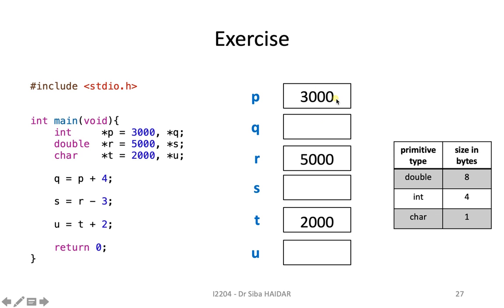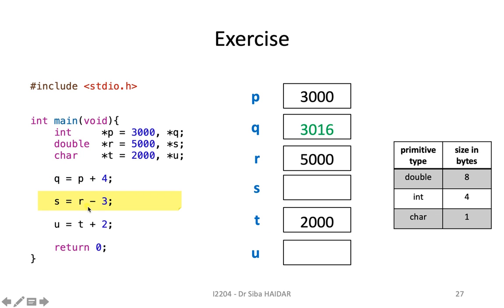Is it 3004? No, because this is what we are explaining. It is the value of P plus 4 places to hold int, and every int occupies 4 places. So it would be 3000 plus 4 times 4, which is 3016.